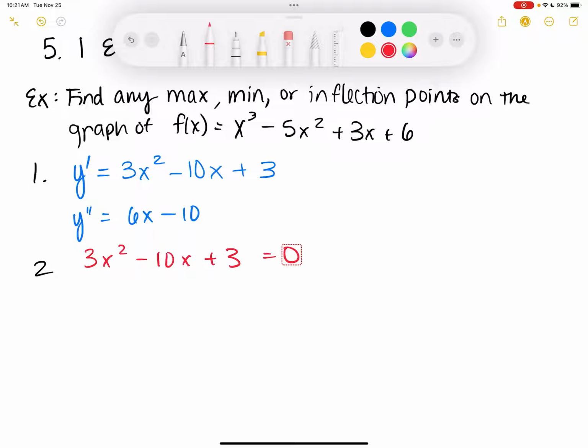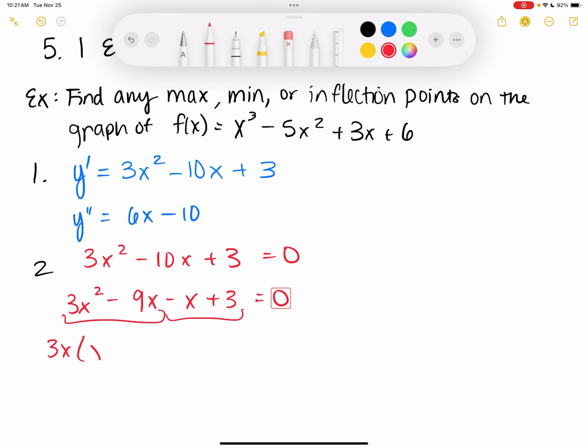So I would have 3x squared minus 9x minus x plus 3 equals 0. Then factor by grouping. Take out a 3x, I'm left with x minus 3. I'm going to need to take out a negative 1 for it to match, so that's x minus 3. So I have 3x minus 1 and x minus 3 equals 0.